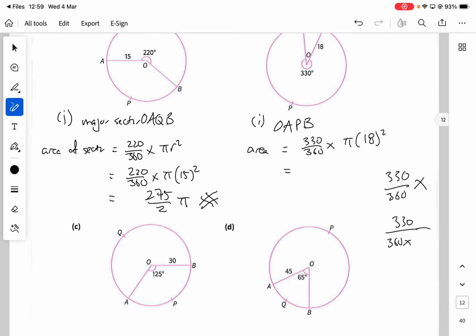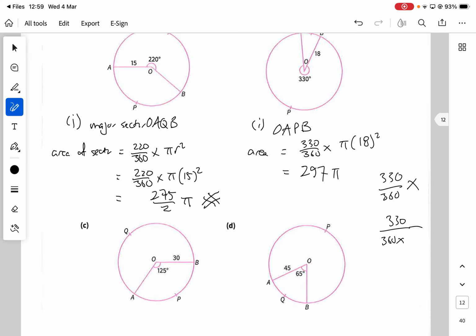The second one, did they give you 297 pi? Yeah, so the first one is wrong. Then what's your answer? Oh, they're all fractions. Then this one is 297 pi. The first question is your fraction.